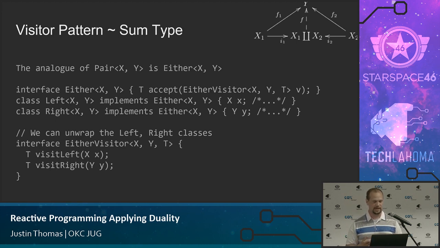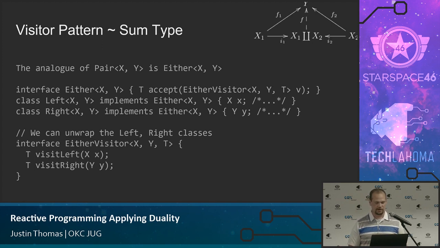In the same way I have either a left, and even though the left X only has an X, it still has to be genericized on the Y because it implements either X, Y. Right X, Y, basically I have either an X or a Y, and my two subtypes of either are left and right. Left X, right Y. Which means I can't just make X and Y implement either. It may not be my code to change, so I have to wrap it in a left, which I can make implement either. Basically, that's all I'm doing here.